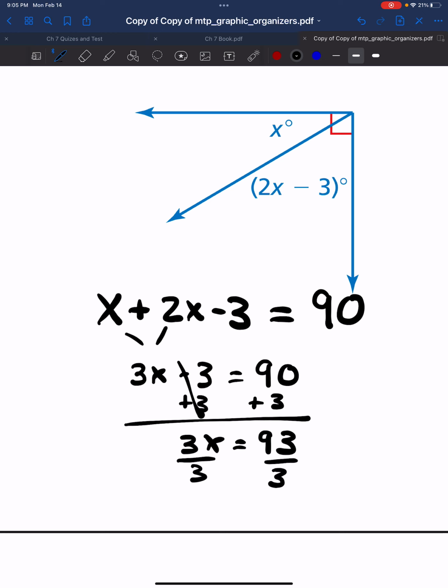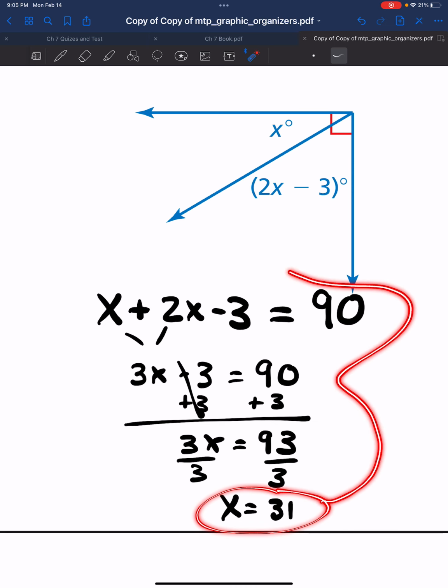Alexa, what is 93 divided by 3? 93 divided by 3 is 31. Ooh, 31. I could have figured that out in my head, and I didn't. Now, to double check to make sure I'm right, let's plug 31 in for x and see if it worked.